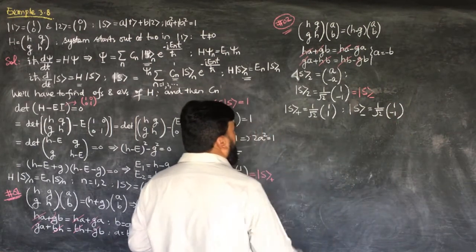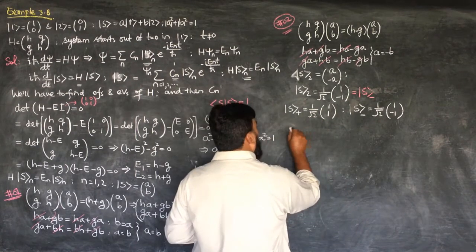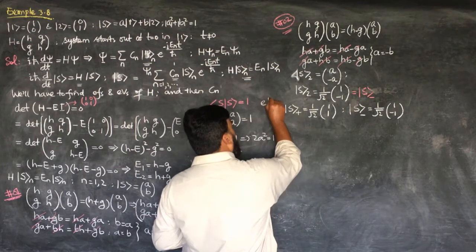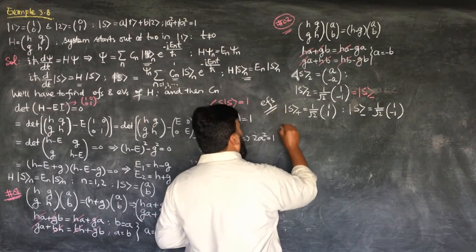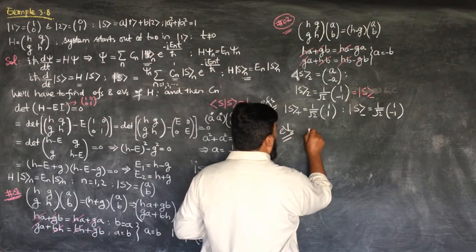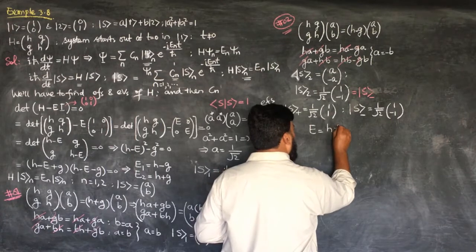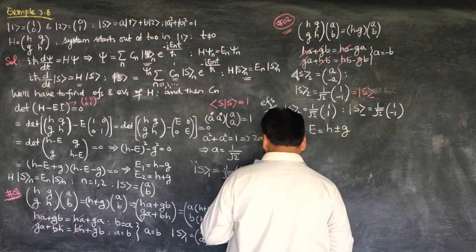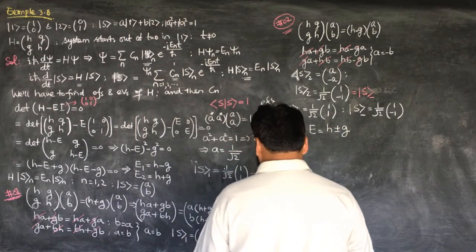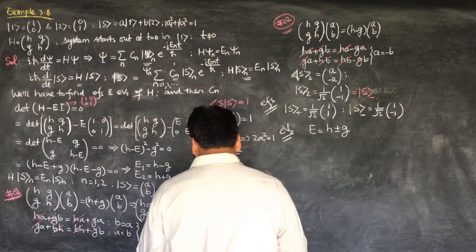These two are the eigenfunctions, and they correspond to the eigenvalues, which are E equals H plus minus G.